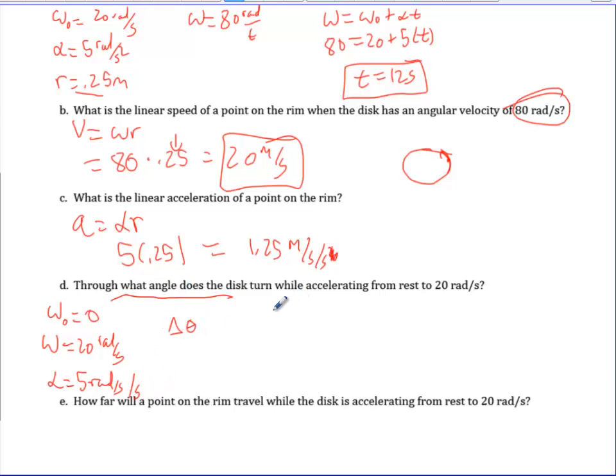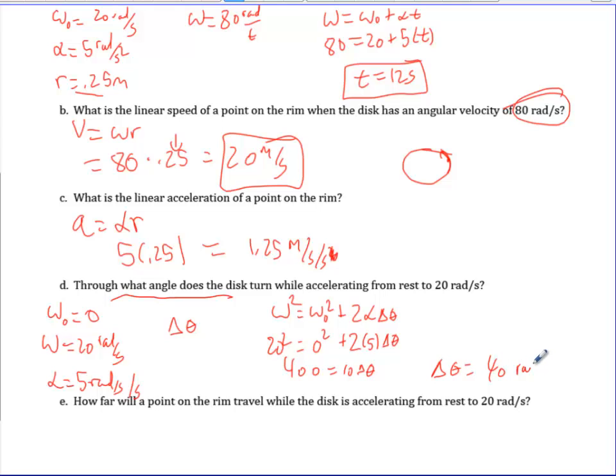So I'm going to use that third equation, omega squared equals omega naught squared plus 2 alpha change in angular position. Final is 20, so 20 squared equals 0 squared plus twice 5 times change in angular position. So 400 equals 10 change in angular position, and our change in angular position, or how many radians it rotated through, is 40 radians. So 40 radians, we're good.